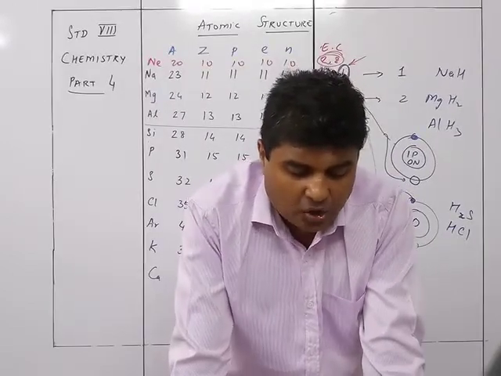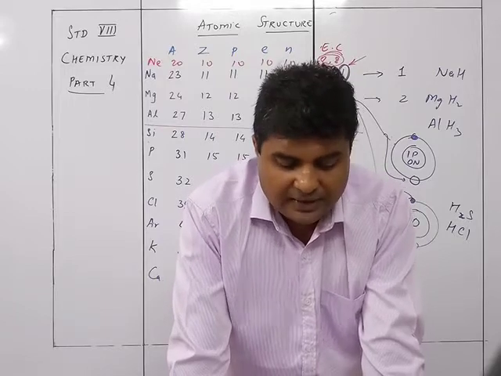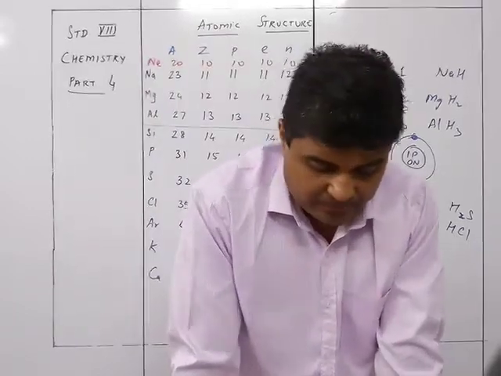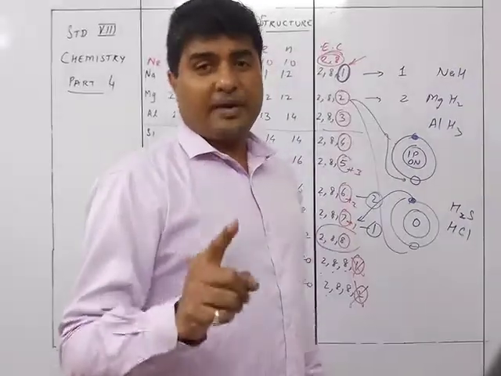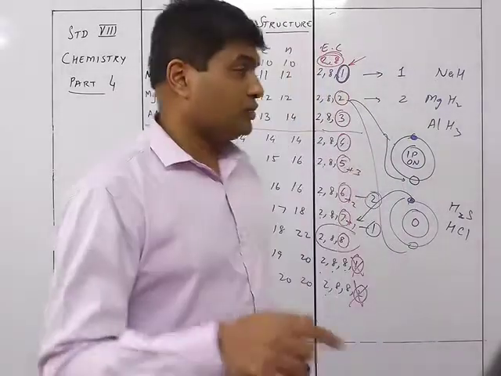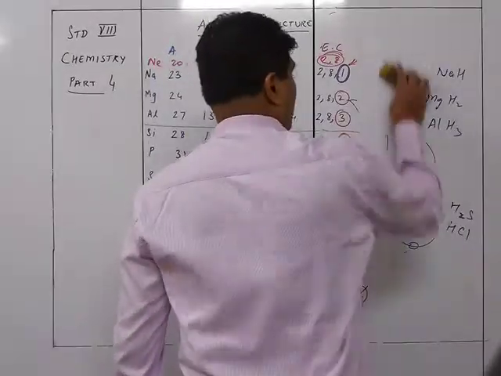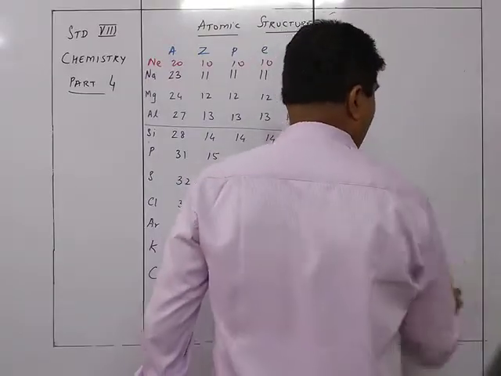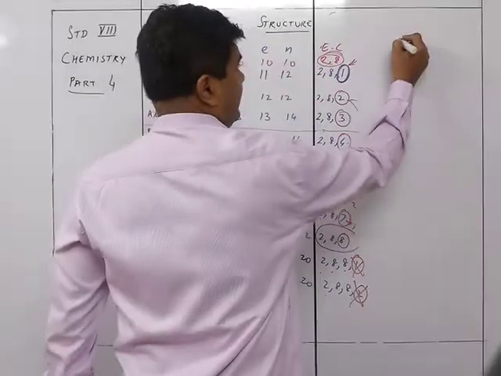The number of electrons an atom of an element donates or loses represents its valency. Accordingly, you will see that if it loses 1 electron, it becomes N plus 1. So here we can also write what will be the formation of the ion of this particular thing. So the ion form will be this way.